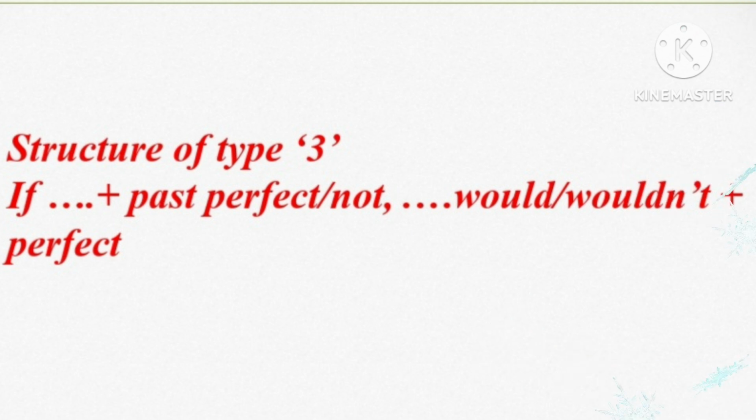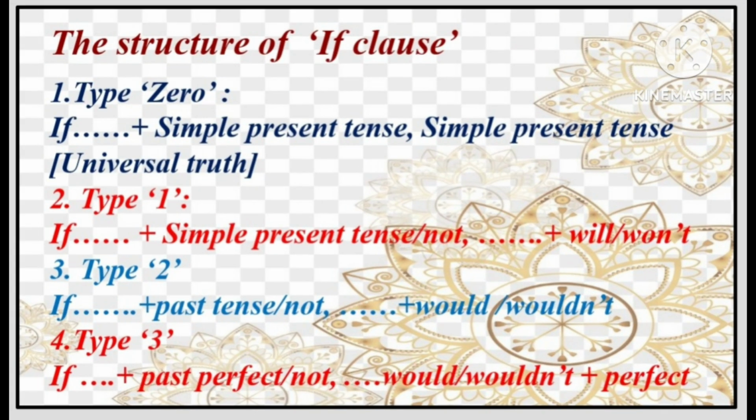The structure of type 3 is past perfect in the if clause and future perfect in the main clause. Let us see all the structures of if clause.